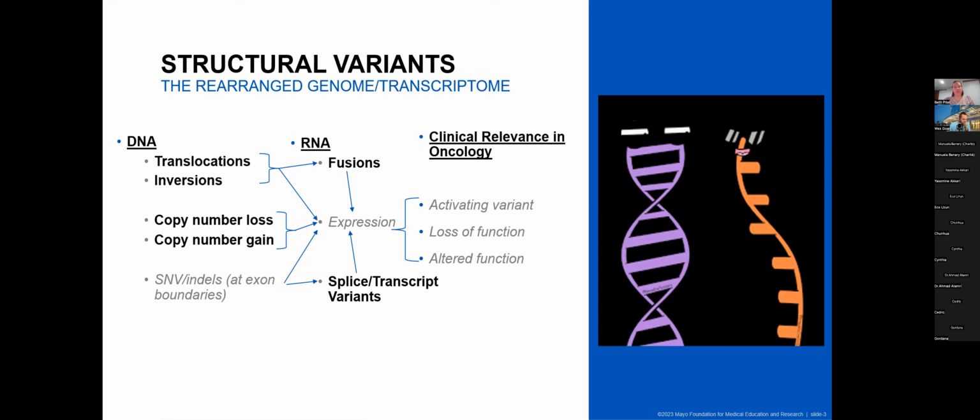And so if you see an inversion that's creating a fusion that results in the activation of an oncogene, you might see multiple different things based on the layer at which you're looking at it. So that, in a nutshell, is one of the biggest problems in trying to annotate these complex variants: understanding how do we crosstalk or correlate between those different assays.